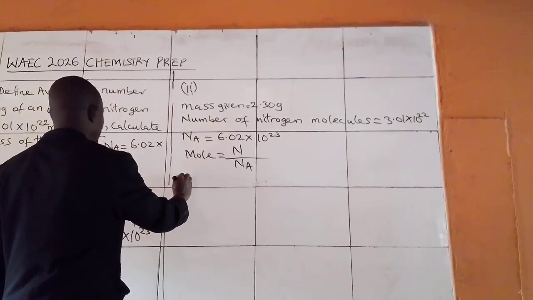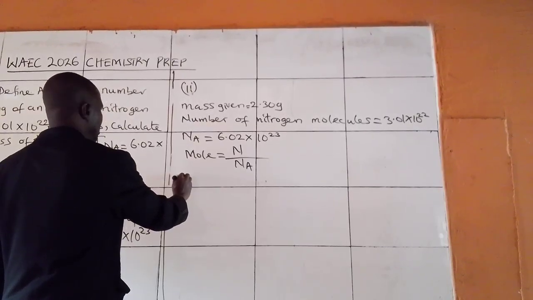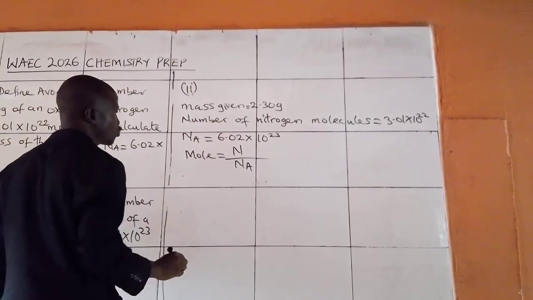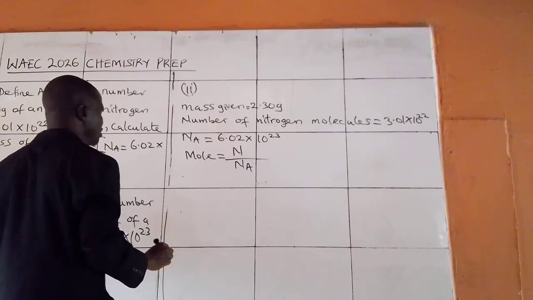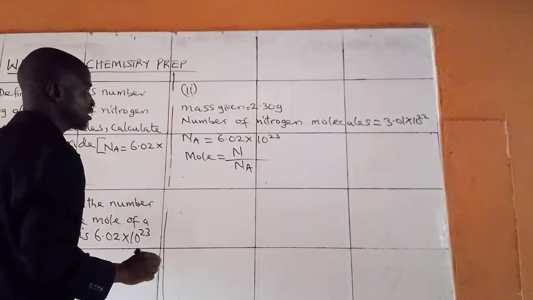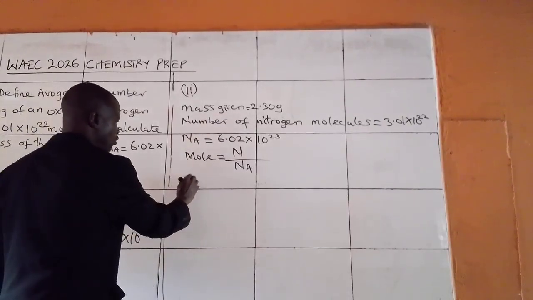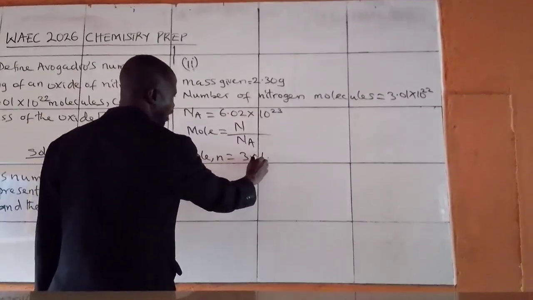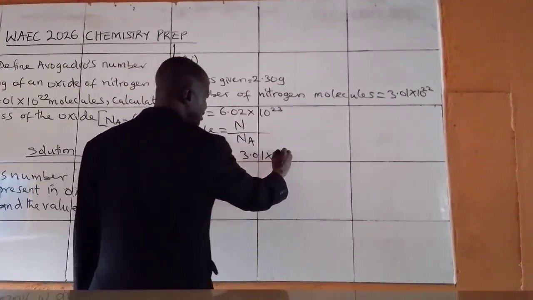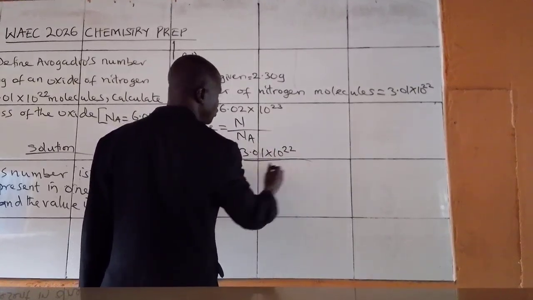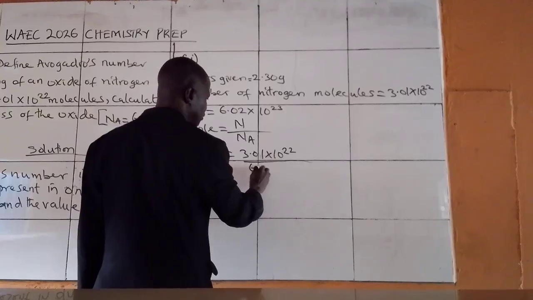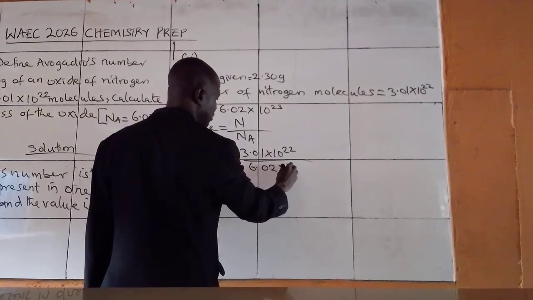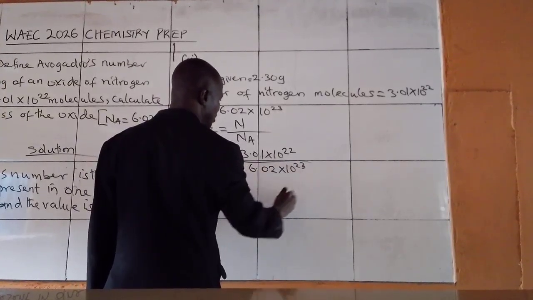Then N is given as 3.01 times 10 raised to power 22. So mole is equal to 3.01 times 10 raised to power of 22 all over 6.02 times 10 raised to power of 23.